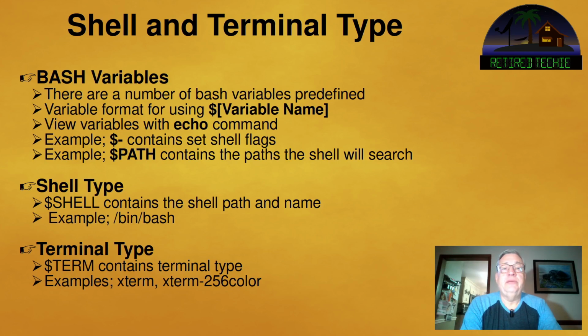If the terminal emulator type is anything other than 256 color, we could modify that in our .bashrc, which we'll cover later in the video. Mine does show up as xterm-256color, so it's fine, but we'll still go through what you need to do to modify it.